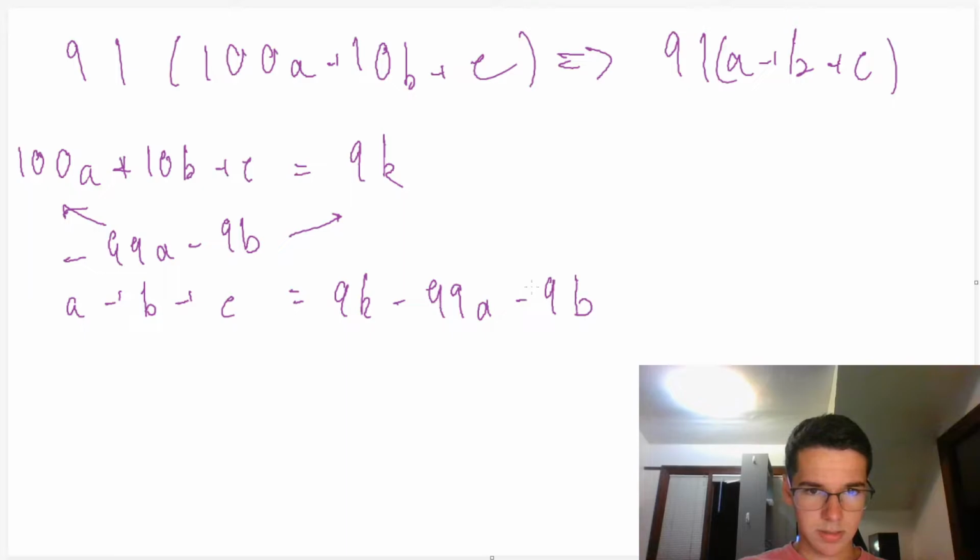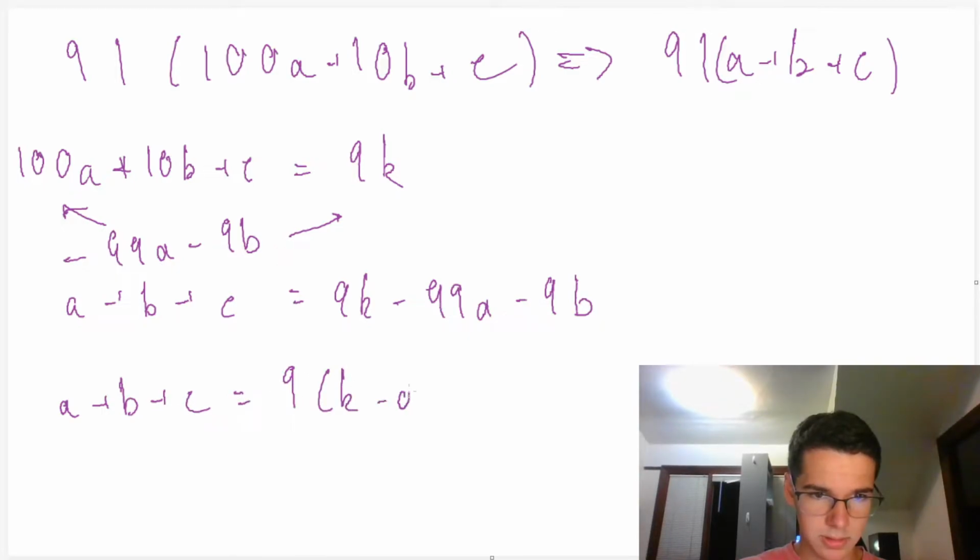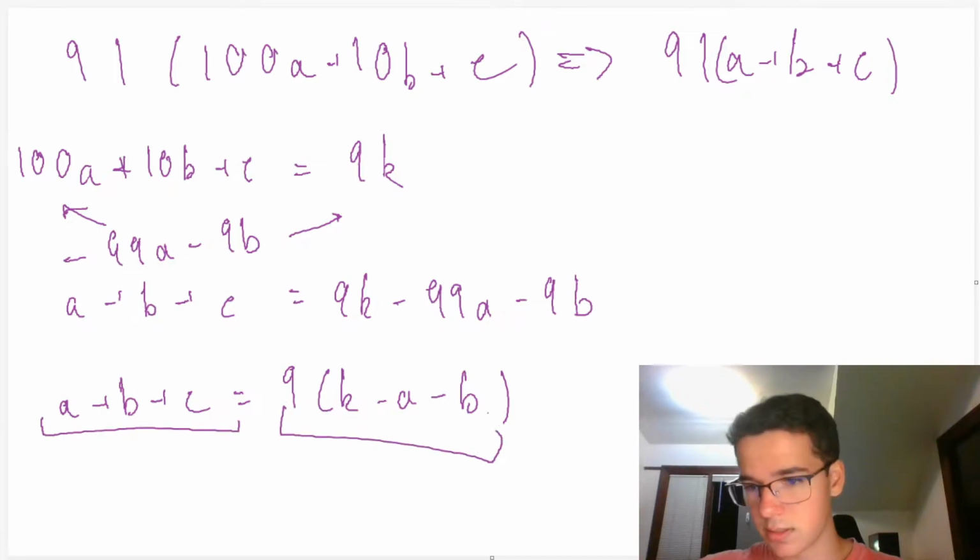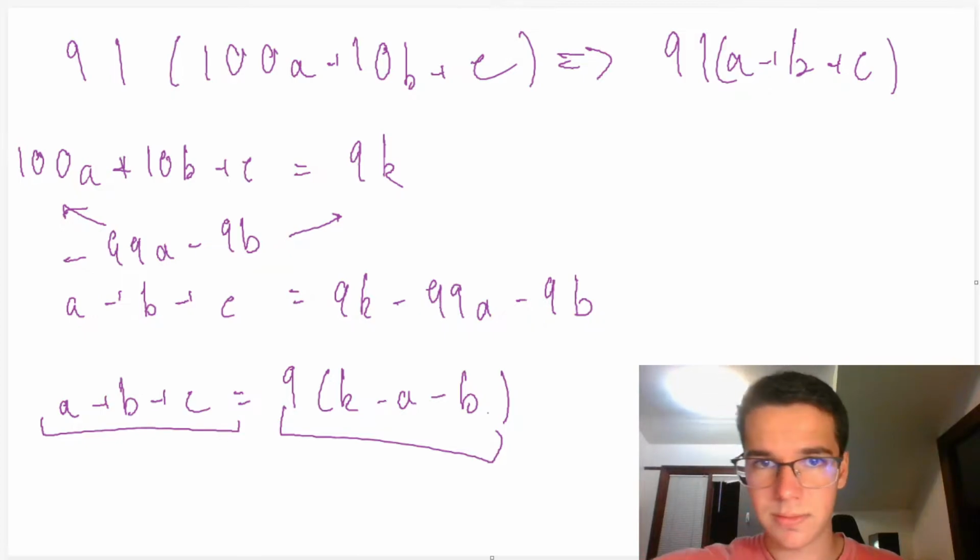In this case, we can simply take out a 9 and say that that is equal to 9 times k minus 11a minus b. Okay, and as we can see, a plus b plus c is pretty clearly divisible by 9. And so we have also proved the converse.